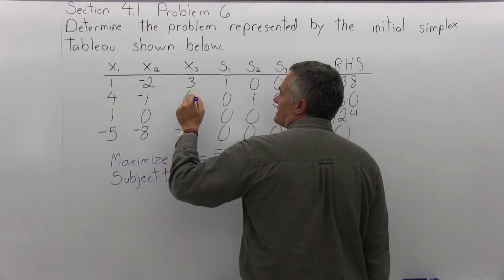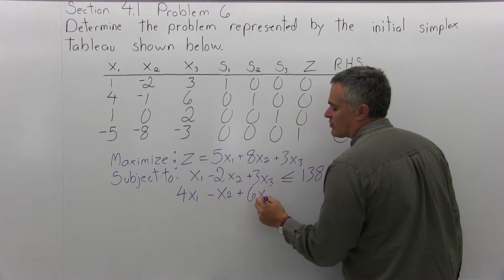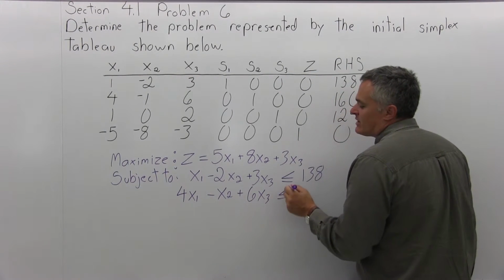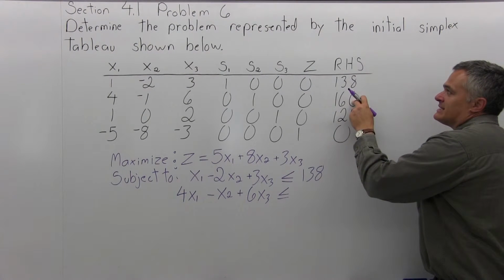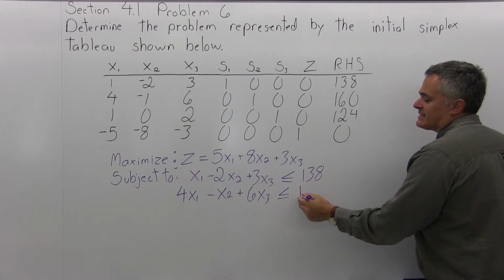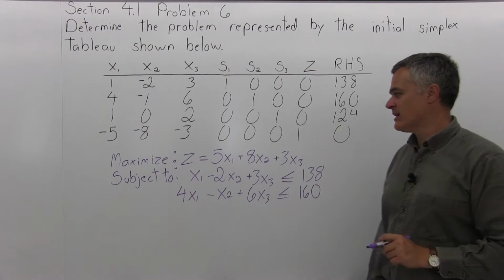And in the second row, the next thing I have is a 6 in the x3 column, so it'd come from plus 6x3. And then I put a less than or equal to, the value in that RHS column of my second row was 160, so that's what goes on the right side of my less than or equal to for my second constraint.